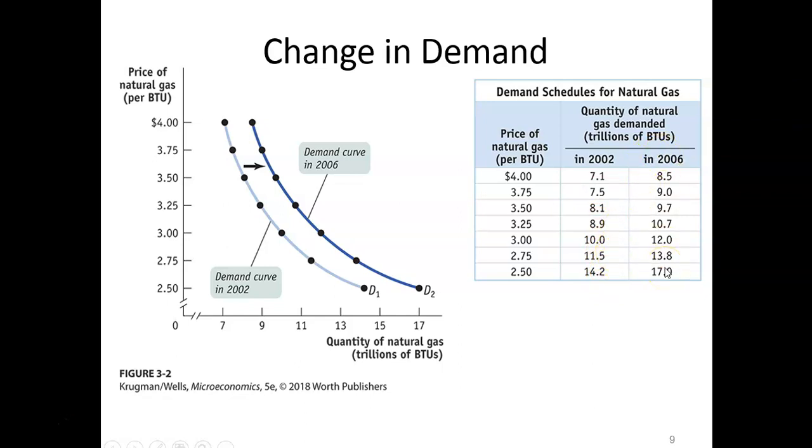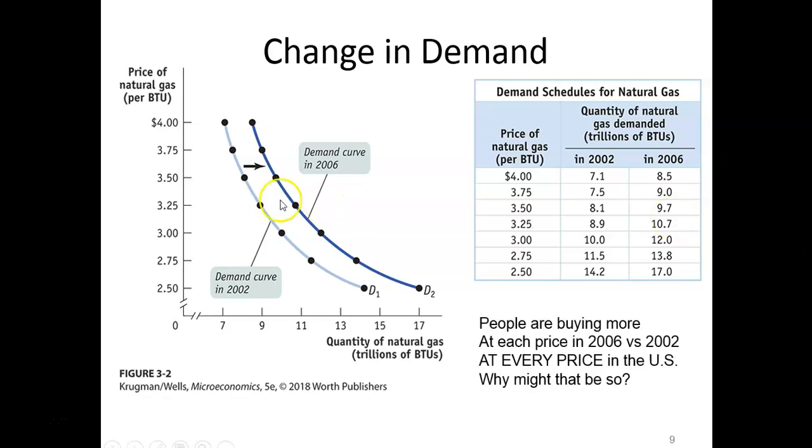Presumably some things changed between 2002 and 2006 that caused the quantity that people want to buy, when you add up all the individual demand curves in the market, to increase. For example, at $3.50 per BTU, in 2002 collectively people wanted to buy 8.1 trillion BTUs of natural gas. But in 2006, at that same price, 9.7.